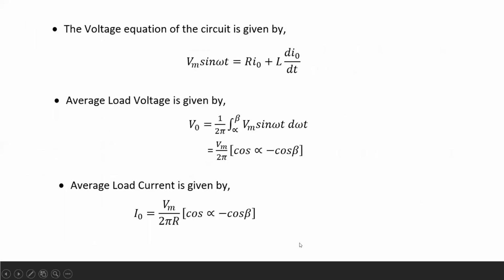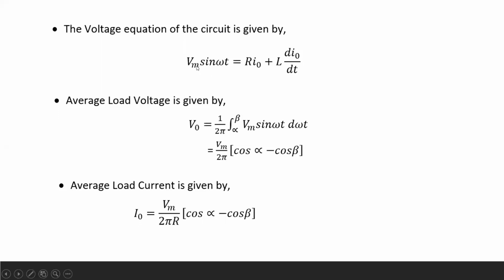Okay, and now this is all about the circuit operation. Now we will see the voltage equation of the circuit. As we have discussed, during the turn on condition, the supply voltage completely appears across the load because the thyristor will be in the on condition. During that condition, supply voltage will be equal to load voltage. This is given in this equation.